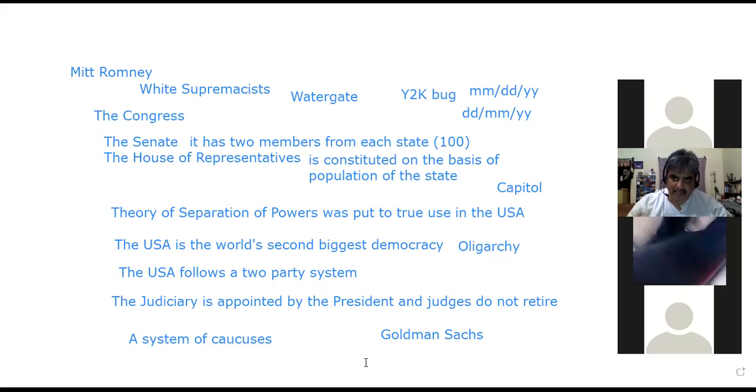And in the 20th year, there should be either a completely new Constitution or some kind of changes in the Constitution, not amendments.